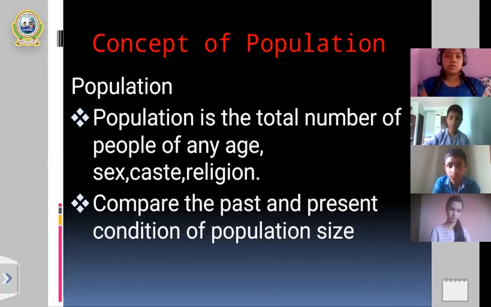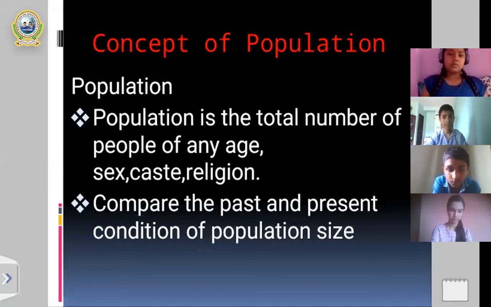Okay, my dear students, once again you can see the same slide. The second point to clarify the concept of population: now, compare the past and present condition of population size. As we all know, in the past, in the ancient period, there was less population than the present.